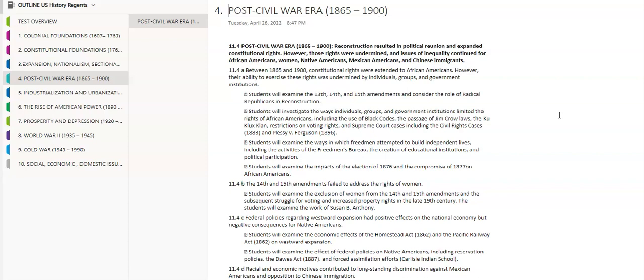Post-Civil War era. The Civil War era ends slavery. But from 1865 to about 1900, we have a whole new set of issues. The newly freed African Americans were treated horrifically, even though they were free of slavery, in that Jim Crow era. You have Reconstruction that takes place after the Civil War.